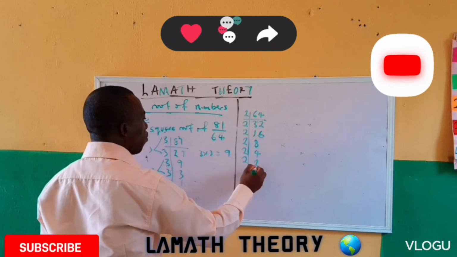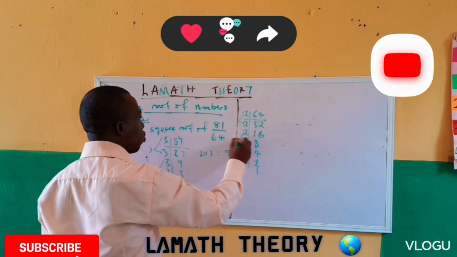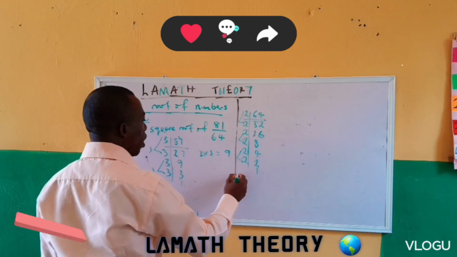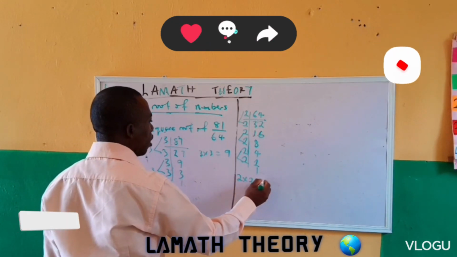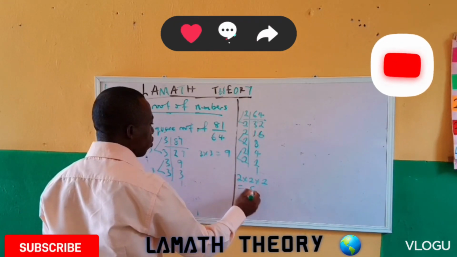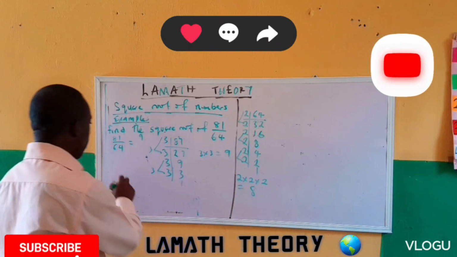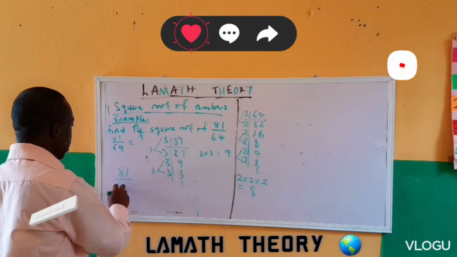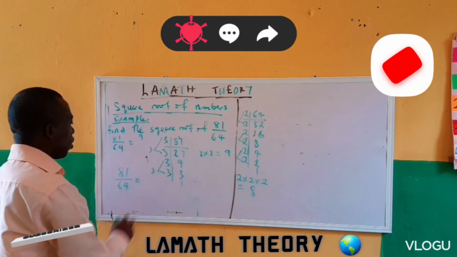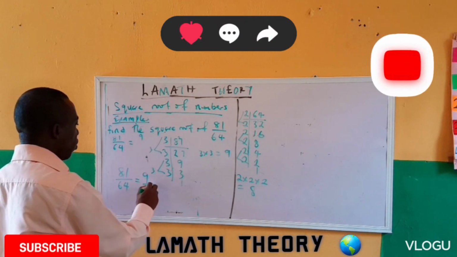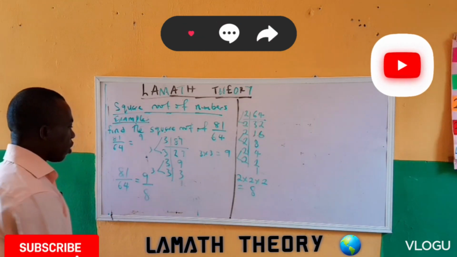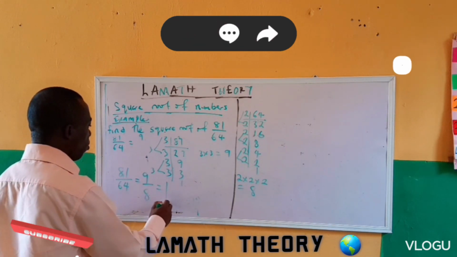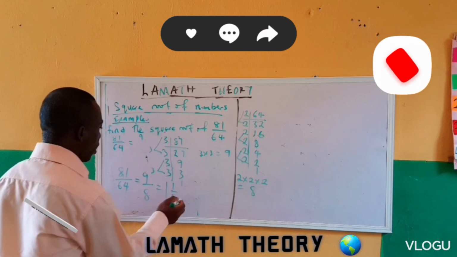So we have 2, 2, 2, that is 2 times 2 times 2, which is 8. So we have 81 over 64, and the square root of it gives us 9 over 8. We can also write it as a mixed fraction, 1 and 1 over 8.